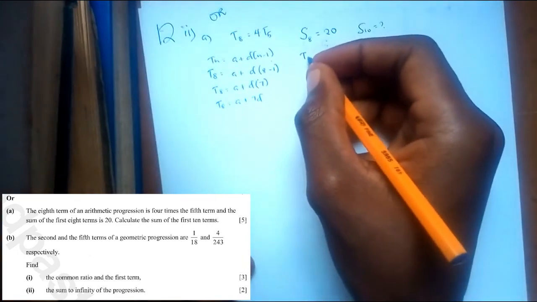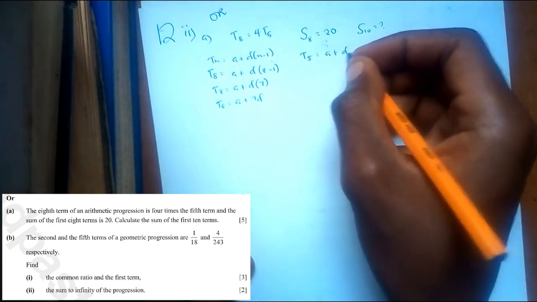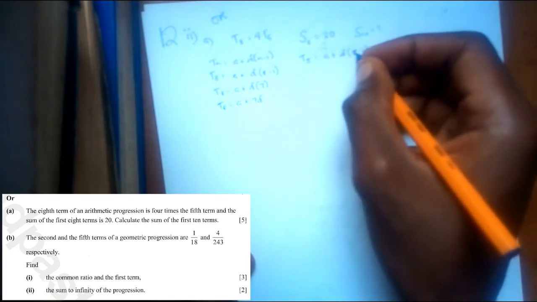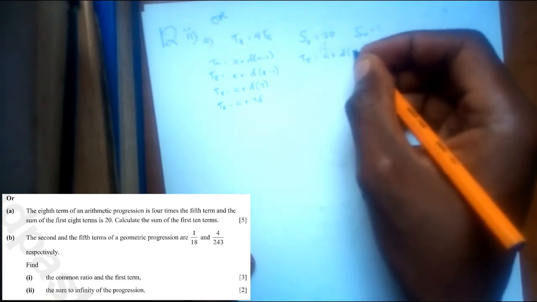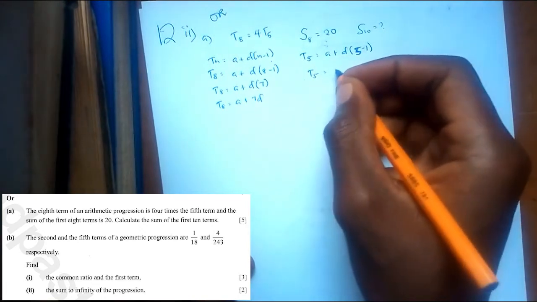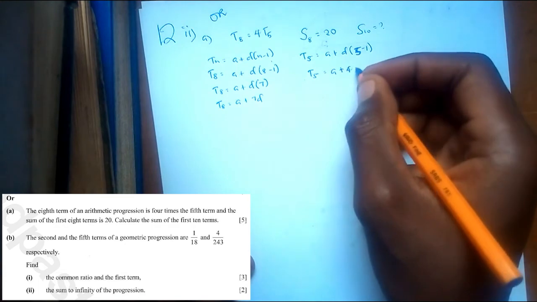Then term number 5 will be A plus D times 5 minus 1, so T5 is equal to A plus 4D.